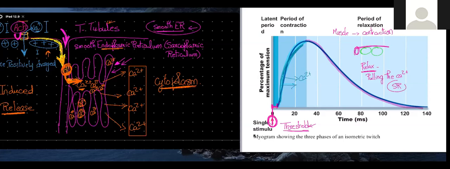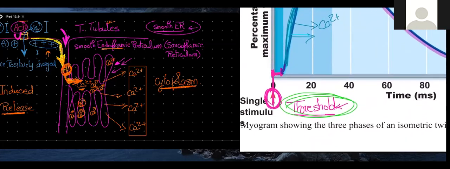All right. So again, what we're looking at here is the minimal contraction that can result from a minimal stimulus. What do we call a minimal stimulation that causes the contraction of a muscle? What do we call the minimal stimulus?